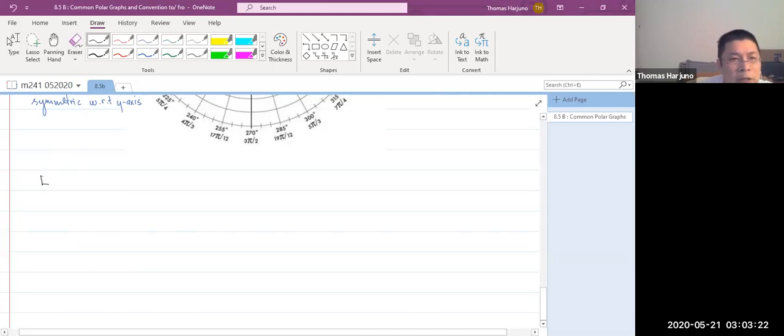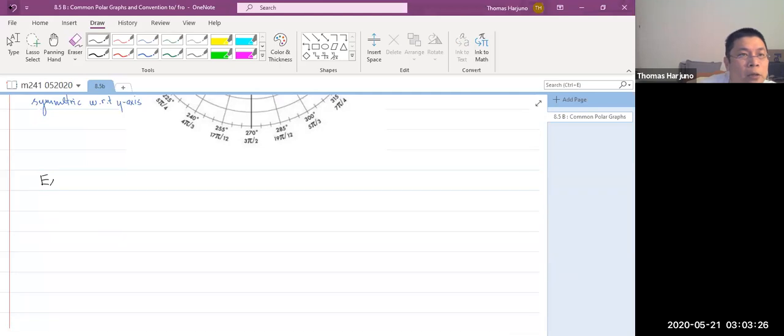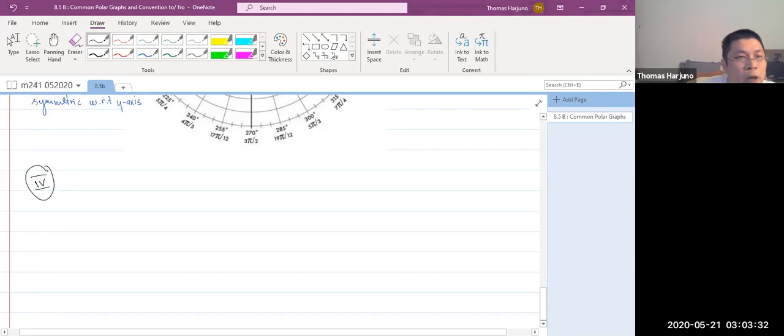Let's do that one instead. So for example, the fourth case. What happens if we have x equals constant or y equals constant?